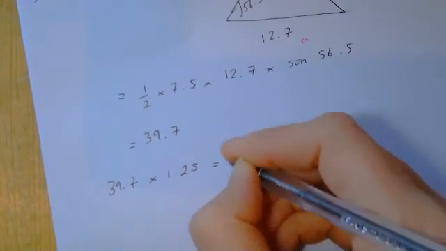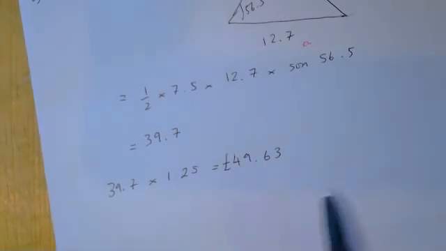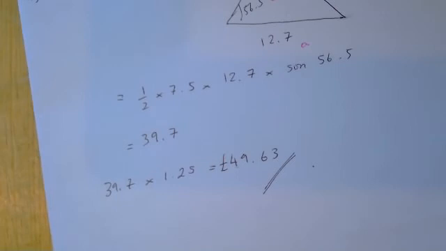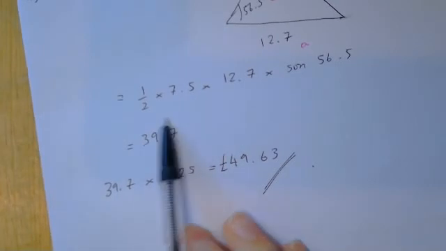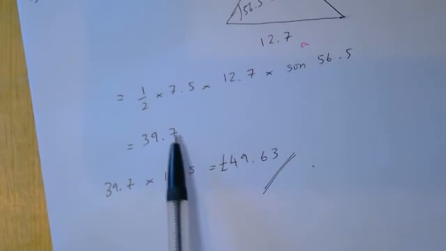No, £49.63. Just do your answer, times that, and it's £49.63. It's fine. What a moment. That's when I needed you to shout at me. Right, £49.63 is the price of seeding this triangular lawn.